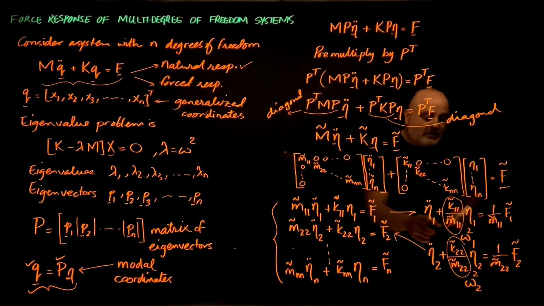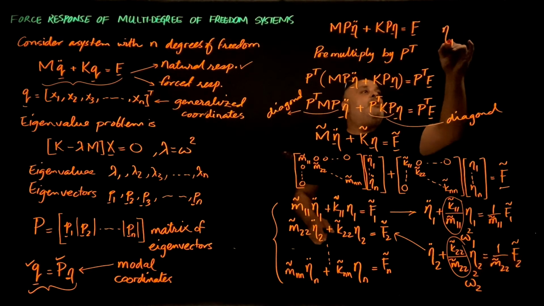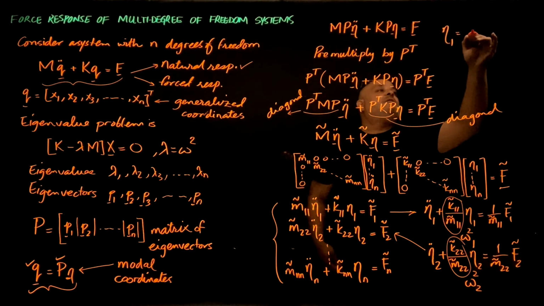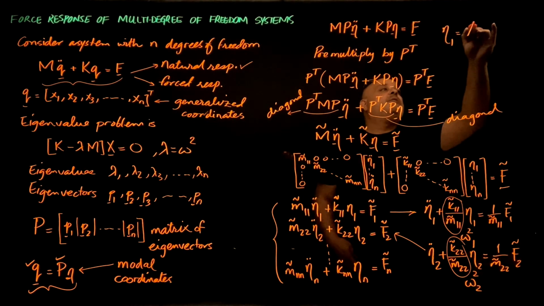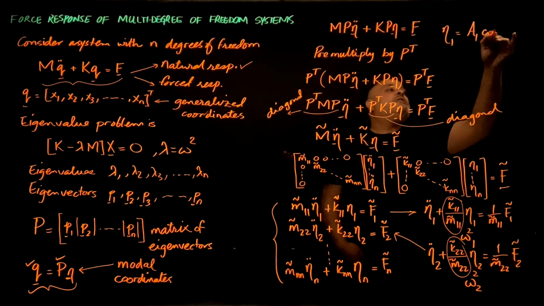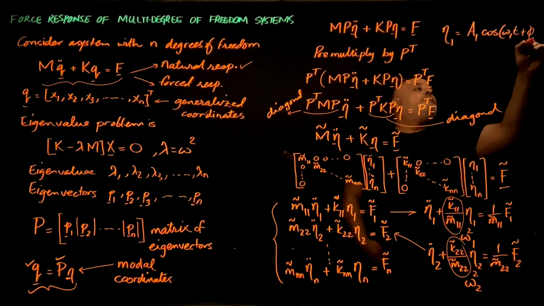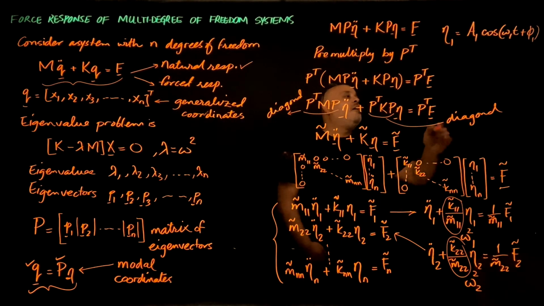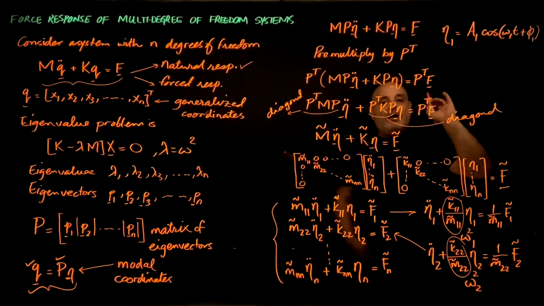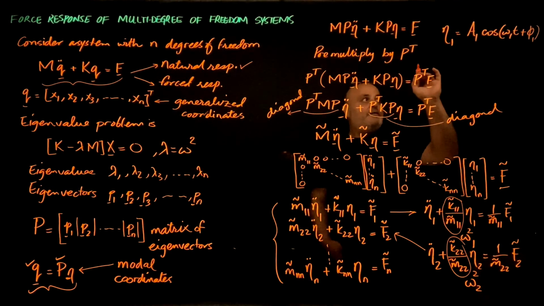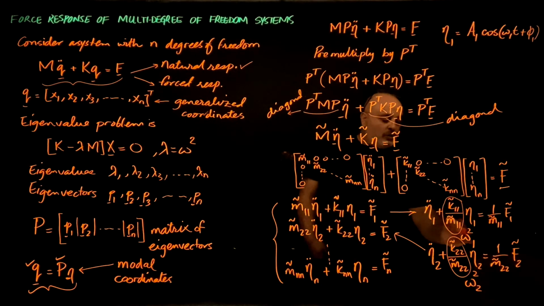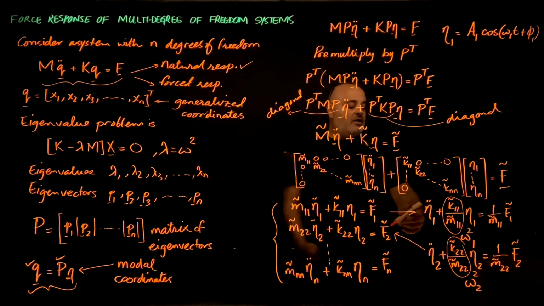The solution of eta 1 is going to be some amplitude A1 cosine omega 1 t plus phi 1. One frequency, one mode, only frequency omega 1. There is no omega 2 in eta 1.